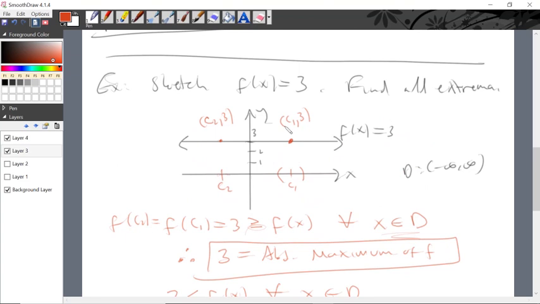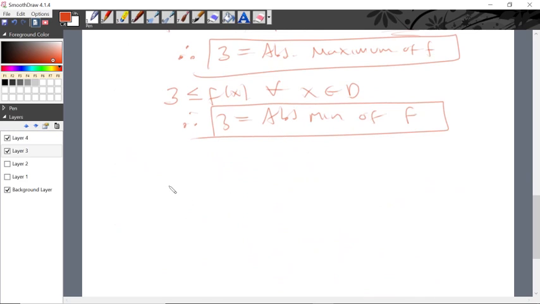So that means that f of c1 is a local maximum and a local minimum. We also have then that f of c1 is a local minimum. Because f of C1, well, it is a local minimum, right?